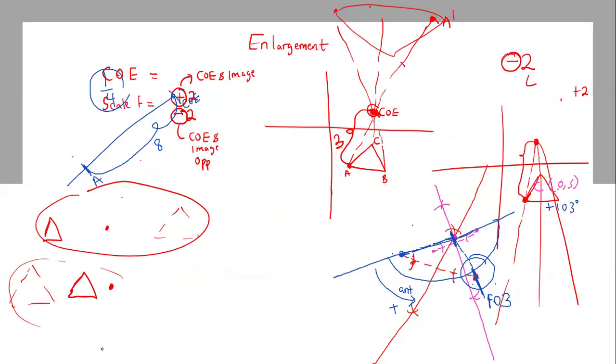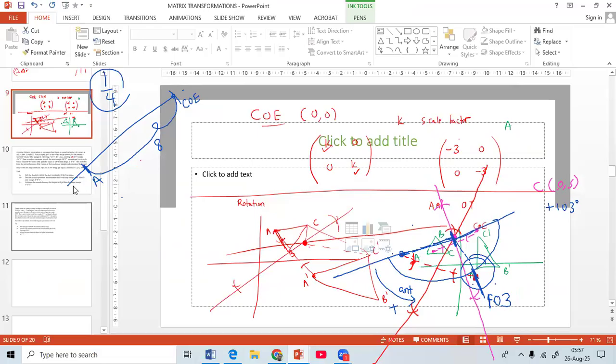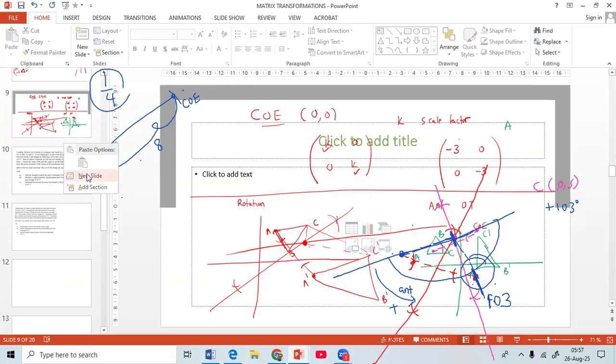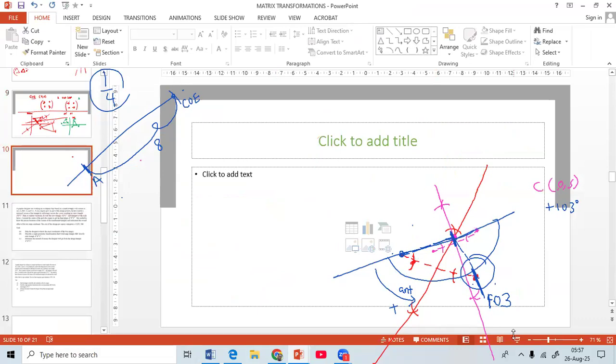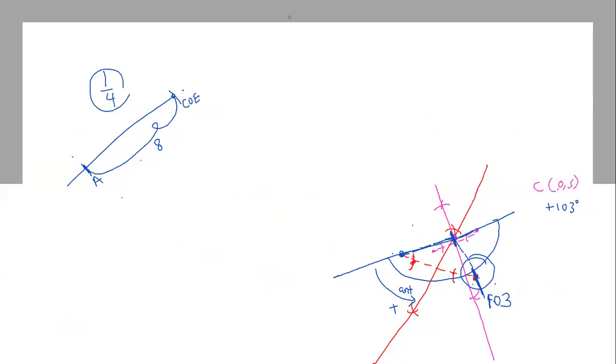Now, the case you are asking is when they have given you the image and they have given you the object and they want you to find the center of enlargement. That one is also very possible. They can give you the object, they can give you the image, and they want you to find the center of enlargement. Now, for such a case, what you do is this.